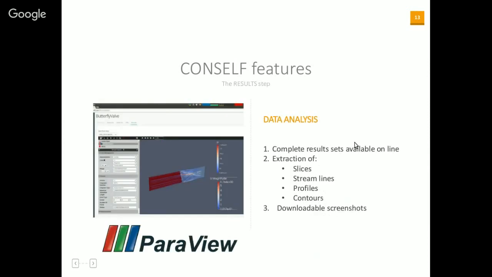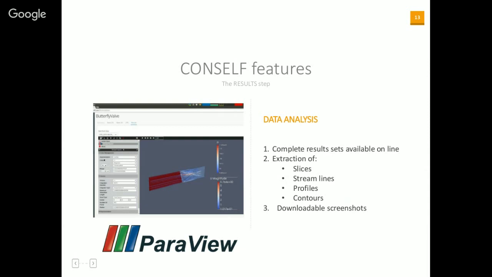Finally, the last step is the result one, maybe the most interesting for the user, where he can gather that data from his simulation, and we provide you the web-based version of ParaView, a well-known post-processing software to analyze scientific data.